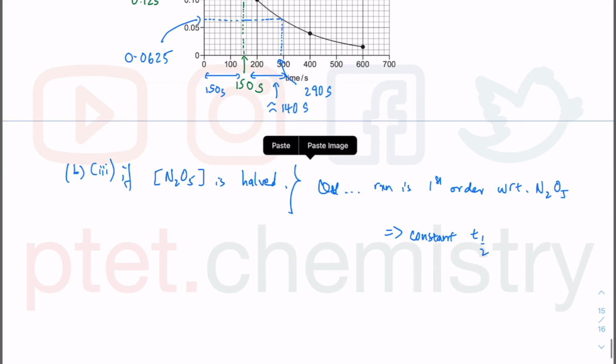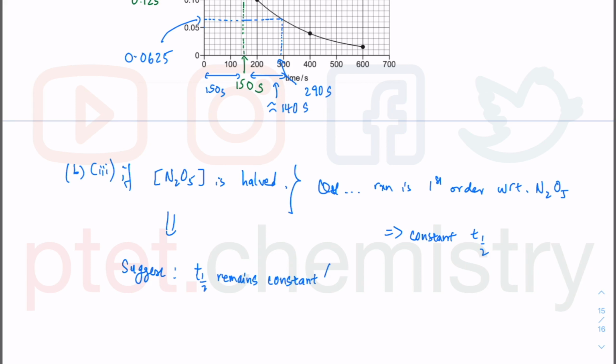Now they ask you to suggest what happened when you halve the concentration. There will be no change at all. So half-life remains the same, or it remains constant, because the question already told us that it is first order with respect to N2O5, back on page 10, just above part 1 question.